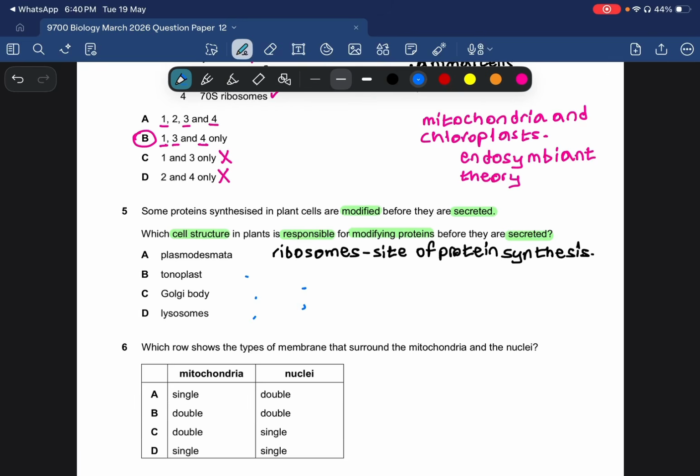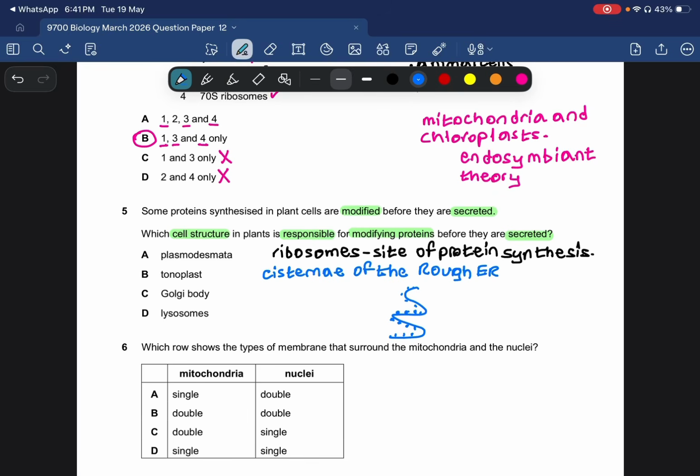Either they are freely scattered in the cytoplasm, or they are on the cisternae of the rough endoplasmic reticulum, which we call the rough ER. So these are the cisternae of the rough ER, and we have these dot structures called ribosomes on them, and this is where protein synthesis occurs.